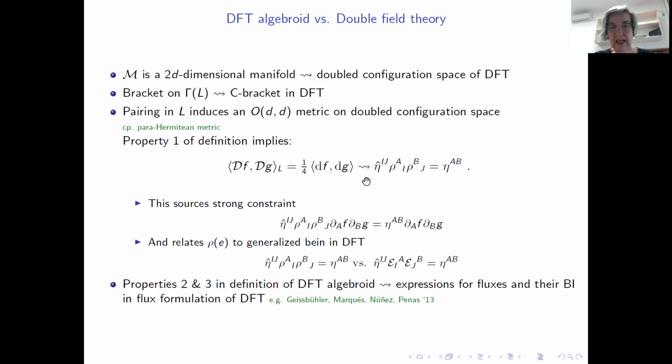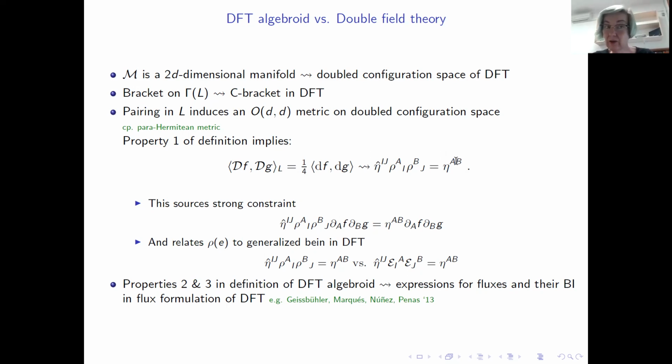So basically, as property 1 of the definition says, this is the pairing of the bundle, and I just calculate what it is in this local basis, and you can see that it actually induces the pairing eta AB on the target space.